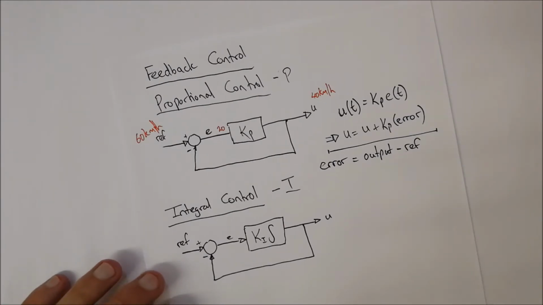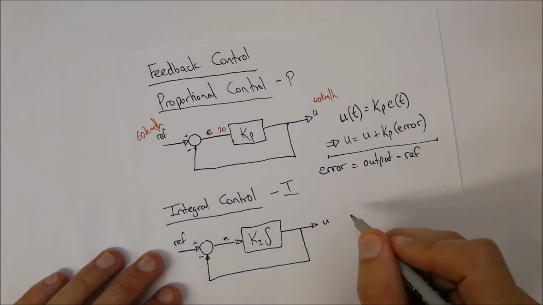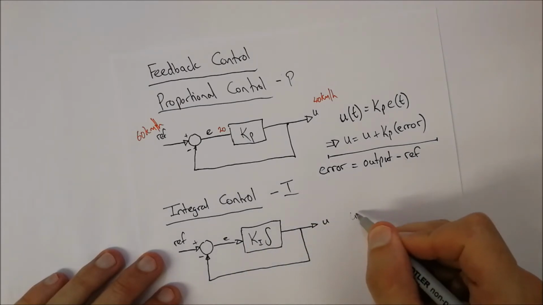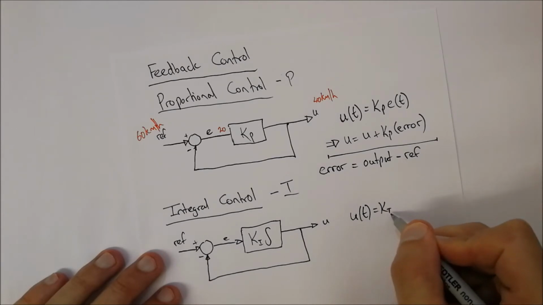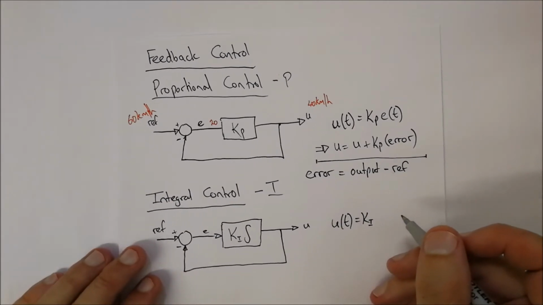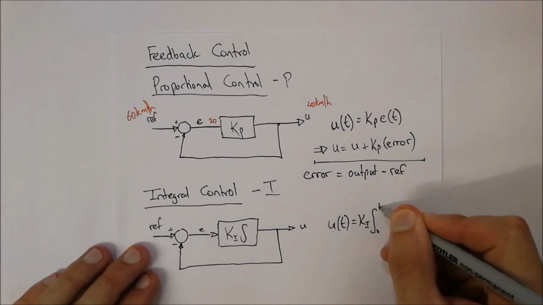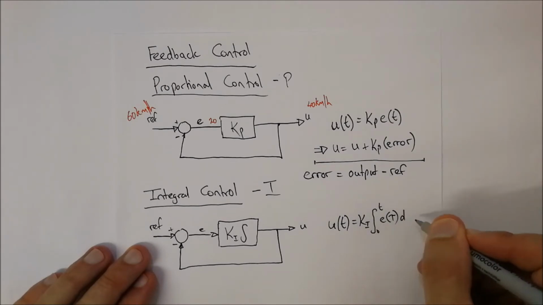Okay, so your typical control books would give you the equation for this integral control: U of t is equal to Ki multiplied by the integral from 0 to t of e of tau d tau.